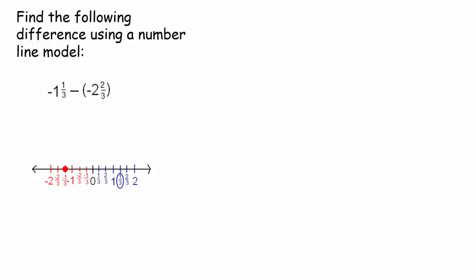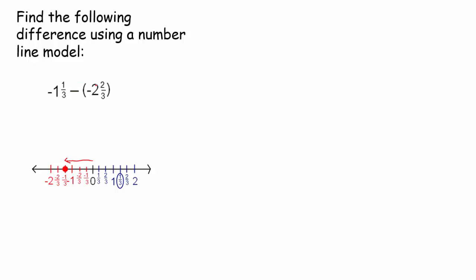Find the following difference using a number line model. Okay, so it's -1 1/3. Again, as you see this number line, I've broken it up into thirds because I know that my fractional part is dealing with thirds, so it's most appropriate to break my number line up into thirds. So I go from 0 to -1 1/3. There's -1, there's -1 1/3.